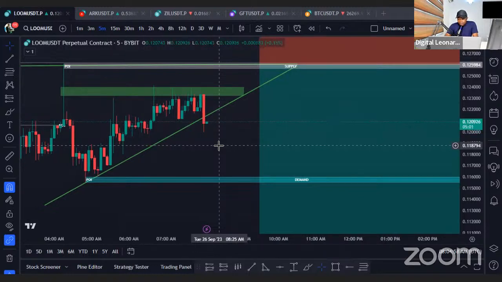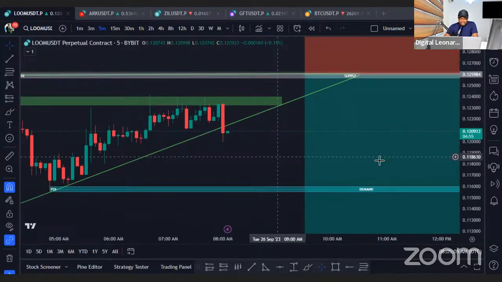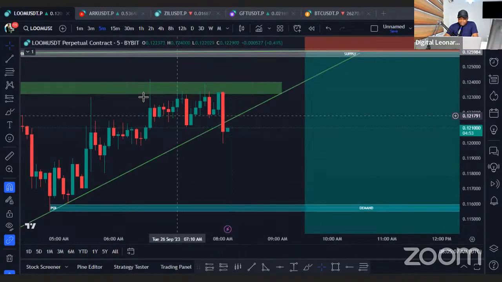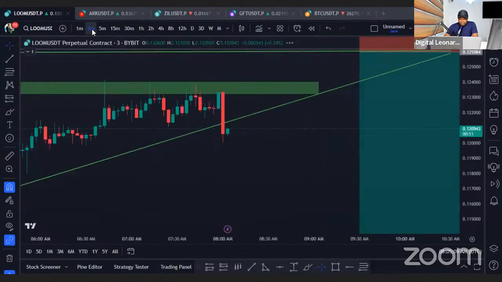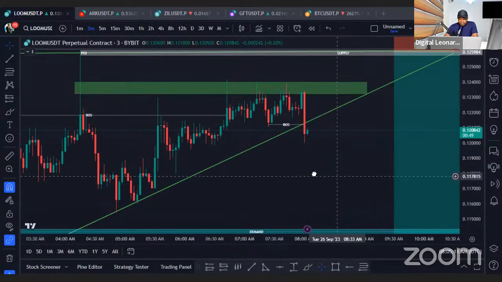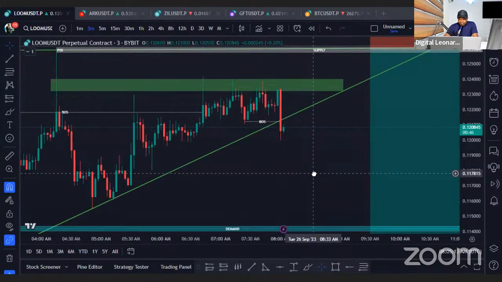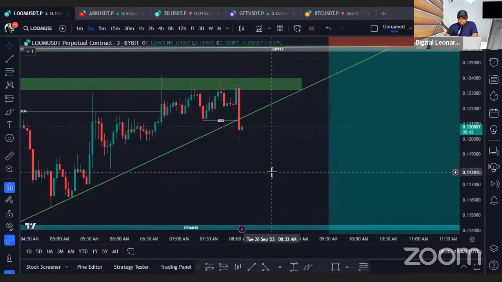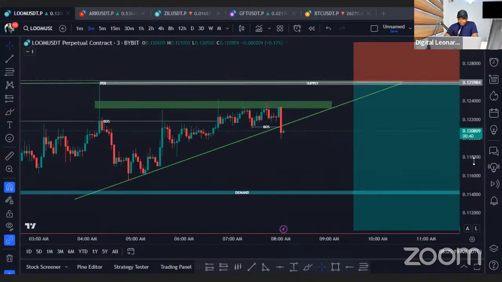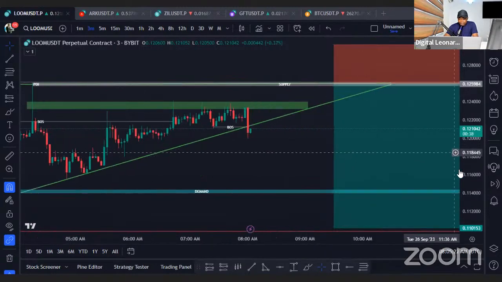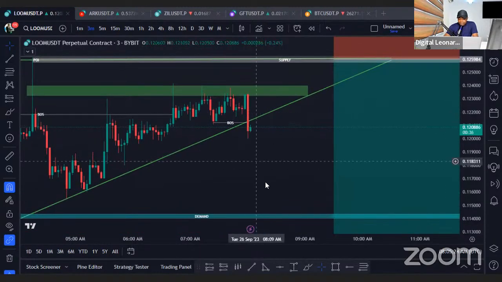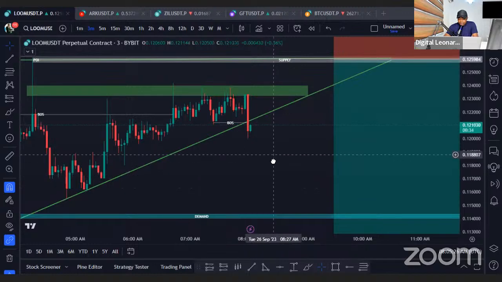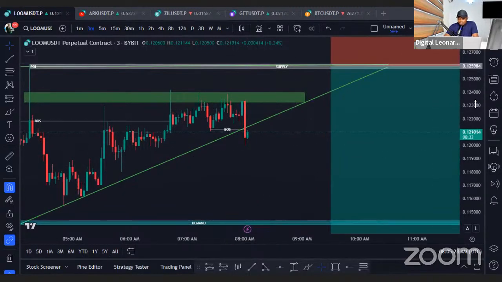Okay, so the next candle begins. Let's shoot. Yeah, I thought the next candle would have just continued that and stuff like that. But let's see what happens.